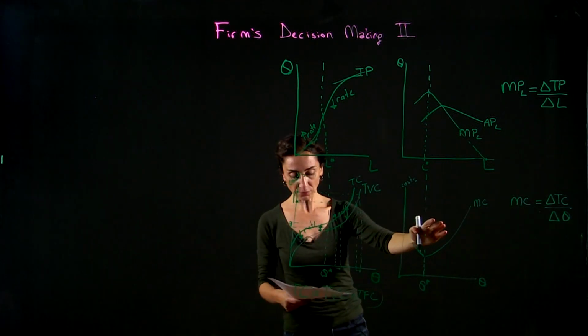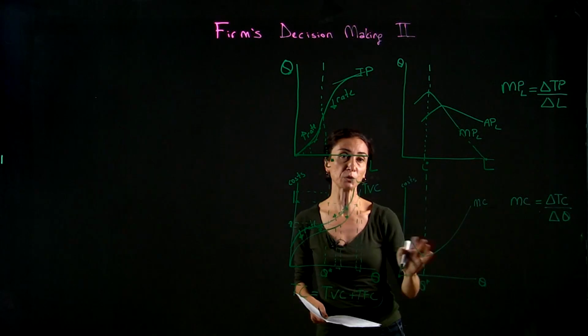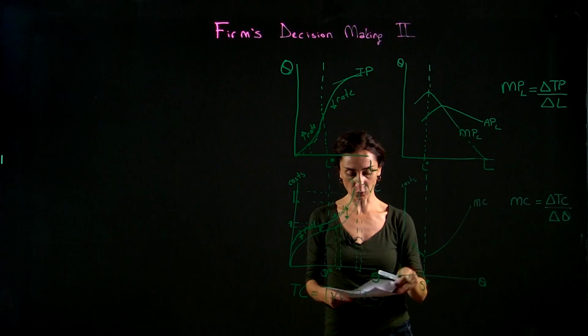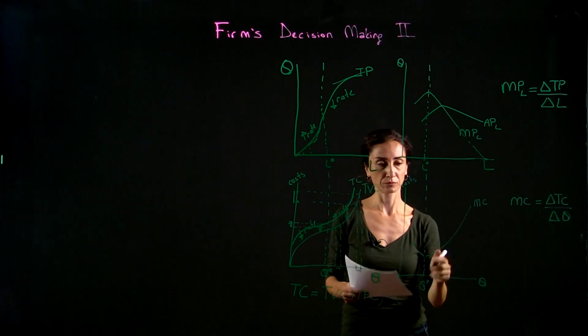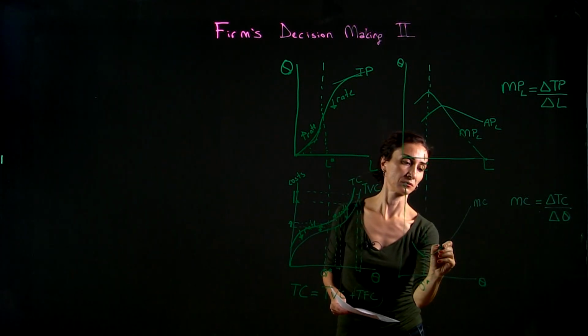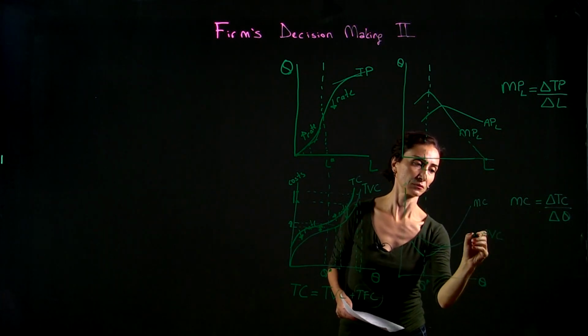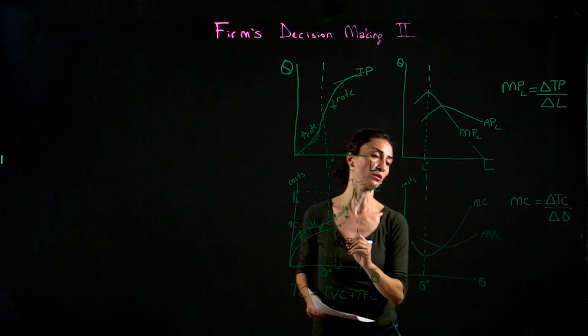Now here I would like to draw 2 more curves, which we did with our numerical example. Average variable cost. Okay.